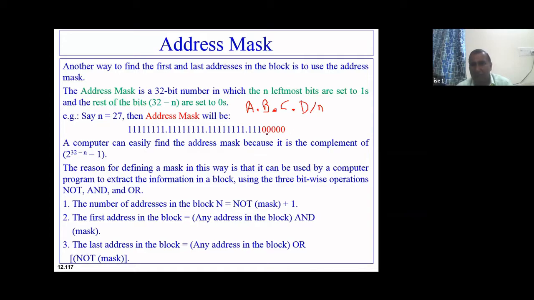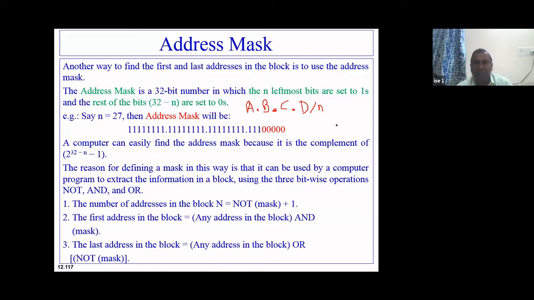All 11 bits will be 0, and the remaining 21 bits will be 1. And the last address is nothing but any address in the block, that is A, B, C, D I take. You got the idea? And I'll OR it with the not of the mask. Now here, for the first address, I am taking any address in the block and ANDing it with the mask bits.